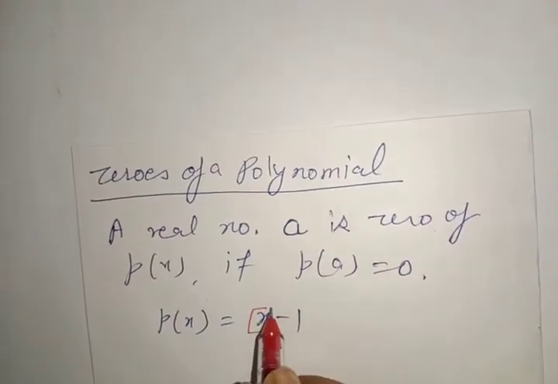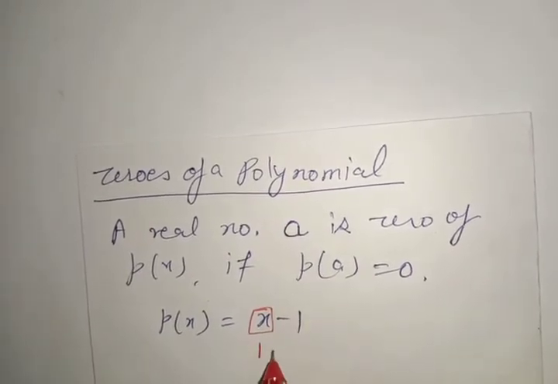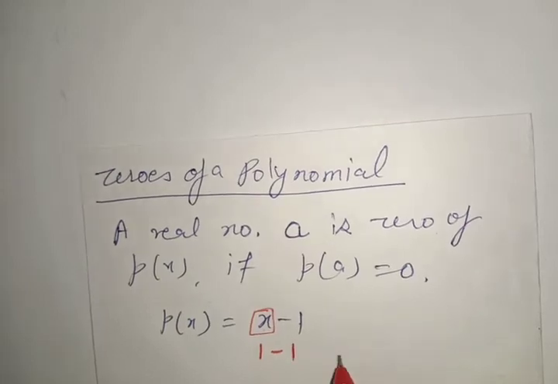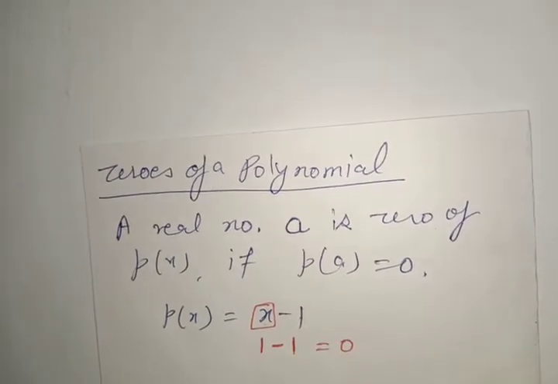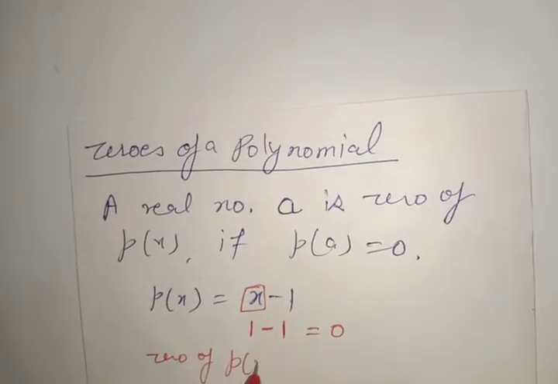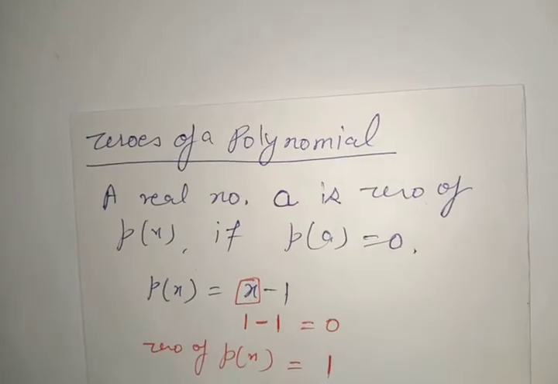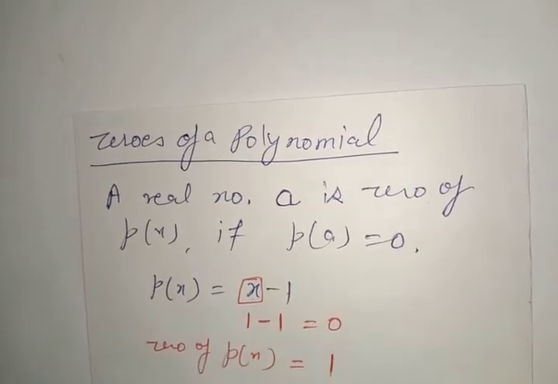If in place of this x, I write 1, then this minus as it is, this 1 as it is, what do I get? 0. It means 1 is a zero of p(x), which makes it 0.